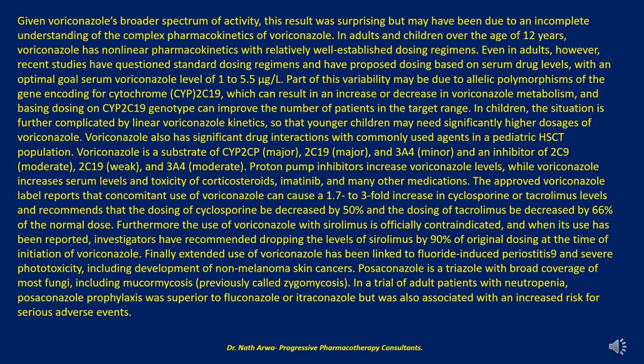In children, the situation is further complicated by non-linear voriconazole kinetics, so that younger children may need significantly higher dosages of voriconazole. Voriconazole also has significant drug interactions with commonly used agents in a pediatric hematopoietic stem cell transplantation population.